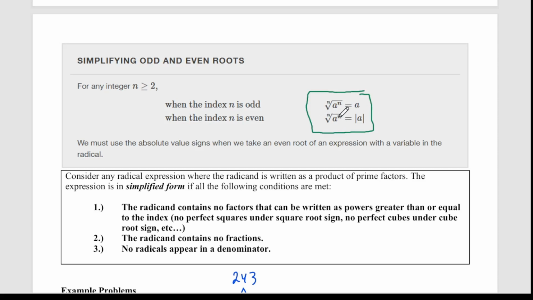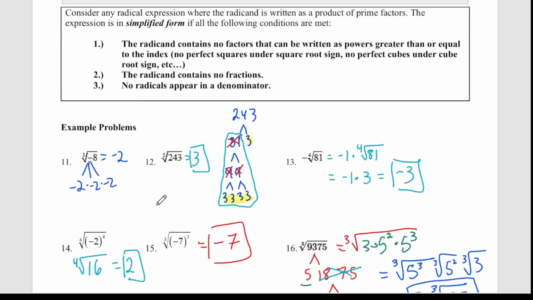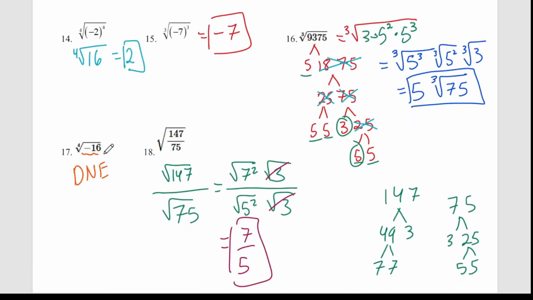If that index is even, then we'll be left with the absolute value of the number, aka the positive version of that number each and every time, because for even powered roots and even powers, you always end up with pairs of negatives being multiplied by each other and effectively becoming positive. For that same reason, if you ever have a negative underneath an even powered root, it does not exist.